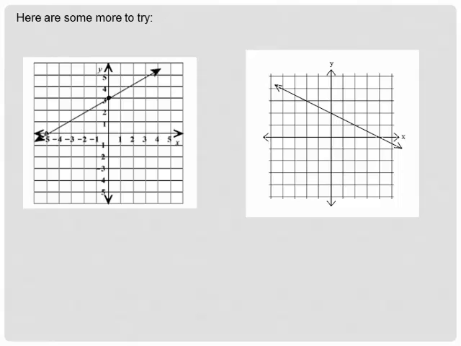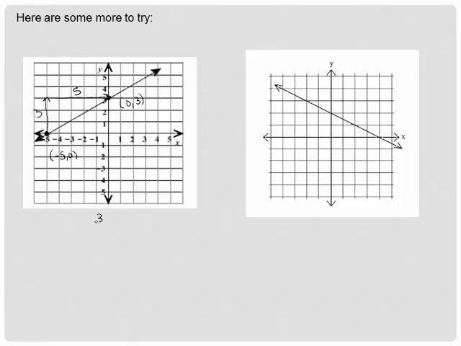We'll just say that this one is a good point. It's not actually, but we'll just for argument's sake use that. This point is (-5, 0). This point is (0, 3). From here we would go up 3 and over 1, 2, 3, 4, 5.